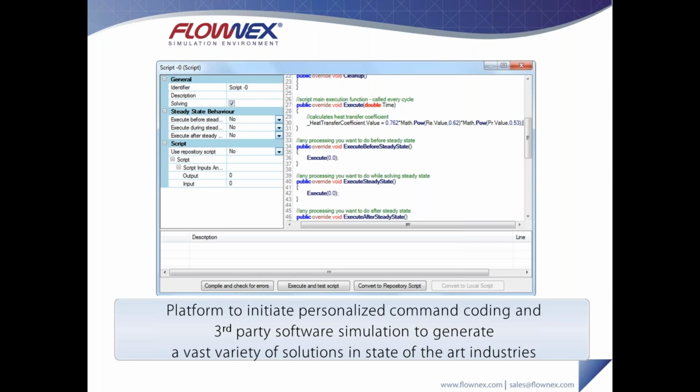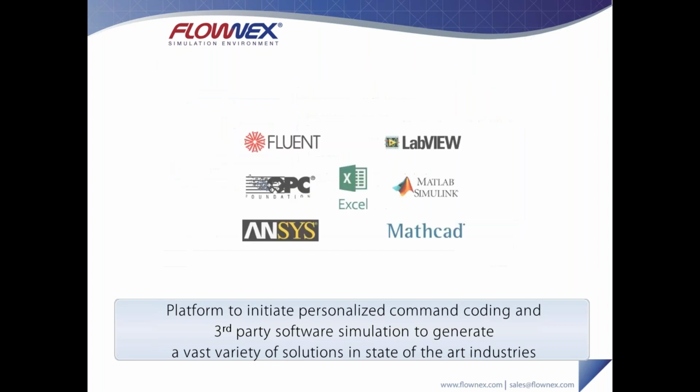That enables you to generate a vast variety of solutions in state-of-the-art industries. As you can see on the screen, there's an example of a script that you can type in order to add your own, say, heat transfer coefficient, if that is not available in Flownex by itself. So it really gives you the full freedom to add to what is already there if need be.